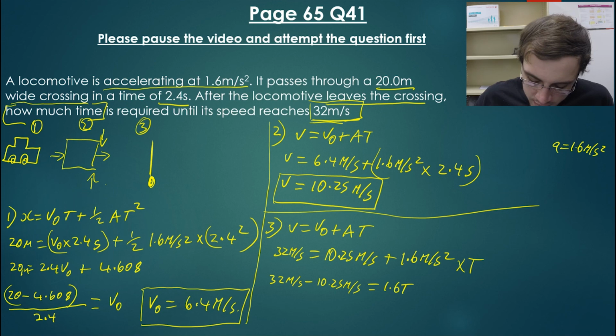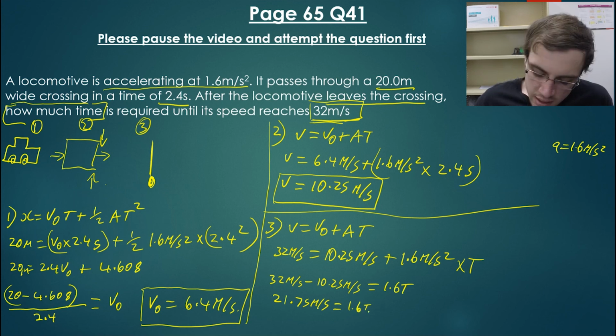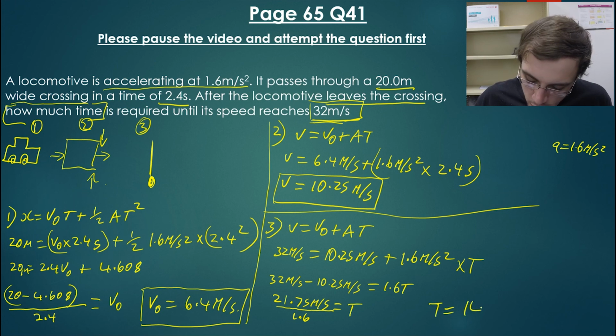That gives us 21.75 meters per second is equal to 1.6t. This is a multiply, so it turns into a divide: 21.75 divided by 1.6 gives us t. So t is equal to 14 seconds.